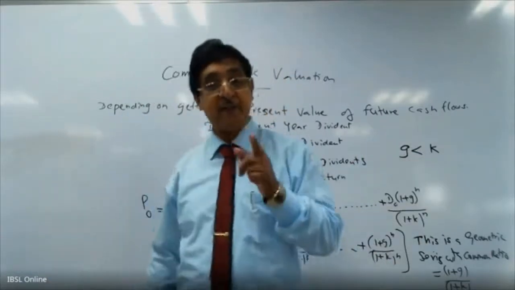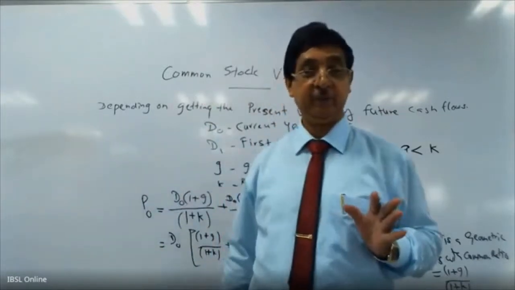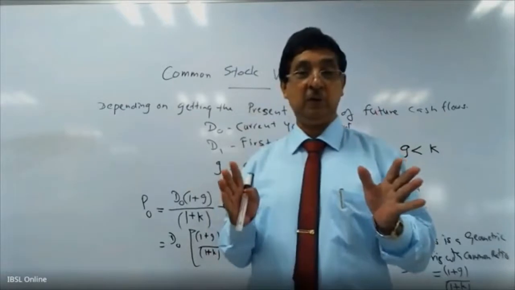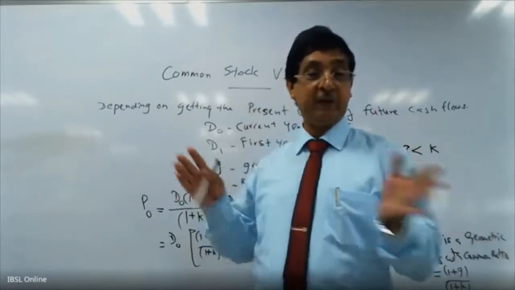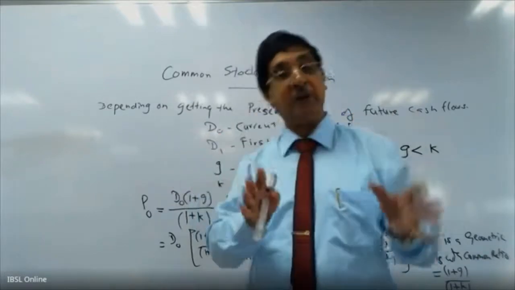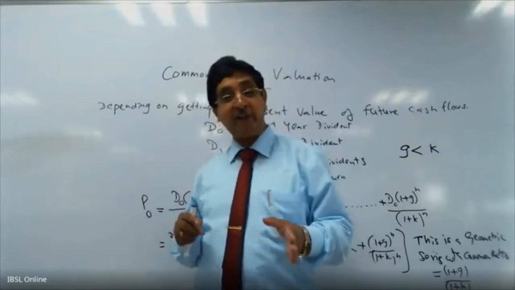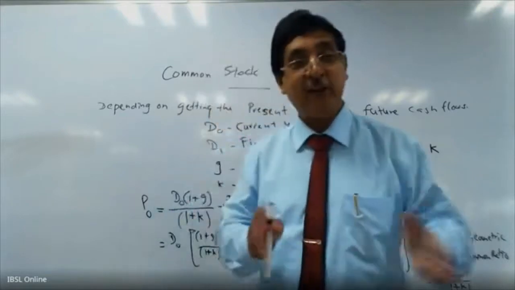But there's another way of tackling that. That's what I want to tell you. Even though this is the normal way of organization, there are some organizations who declare dividends at a growth rate which is higher than the required rate of return.